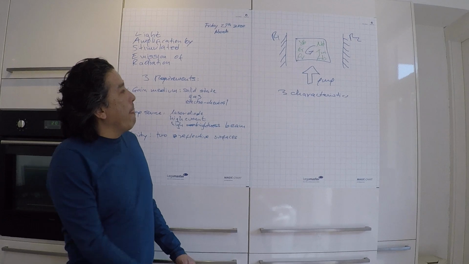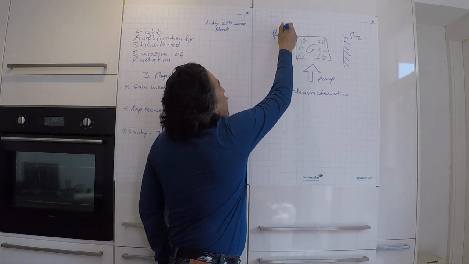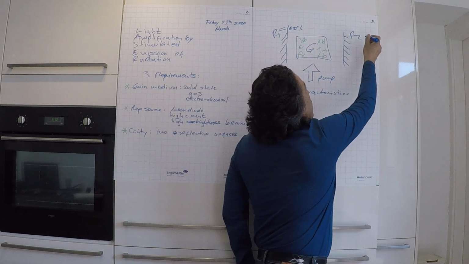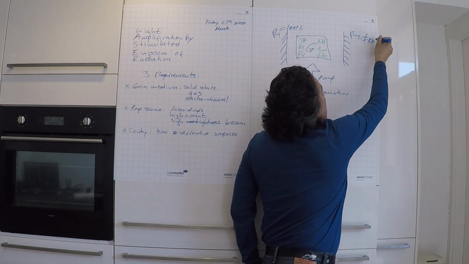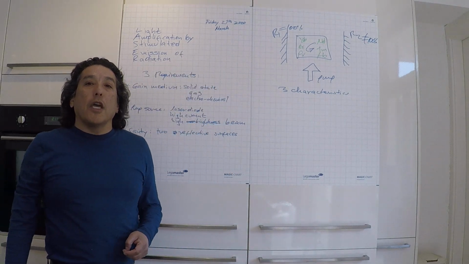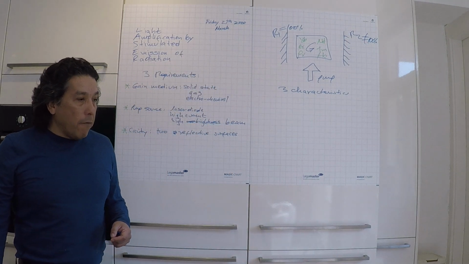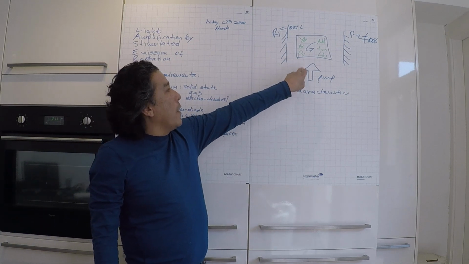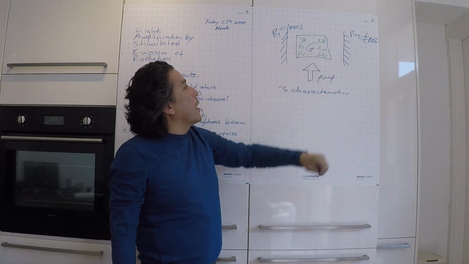Reflection 1 could be 100%, as I said. Reflection 2 could be different from 100%. And why? Because we need an output, of course, after we produce the beam, after we start pumping the ions, creating ions from the gain medium.